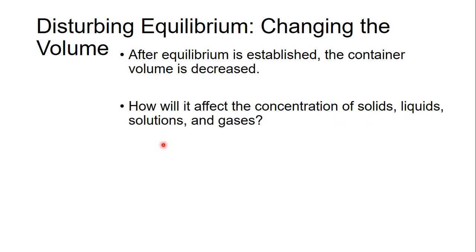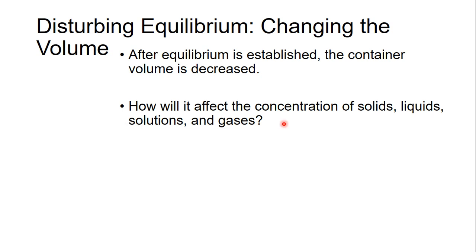If you change the volume of the chamber, it does not change. For example, let's say I have 1 liter of water in a 10-gallon jug, and I take that 1 liter of water and put it in a 5-gallon jug. Does that change the volume of water? No. Does that change the concentration of water? No.